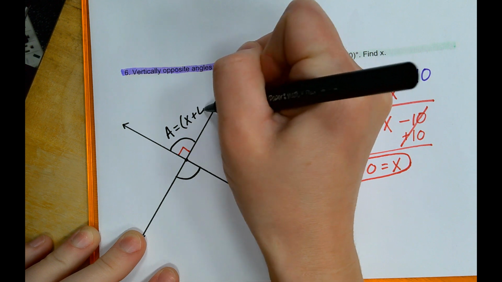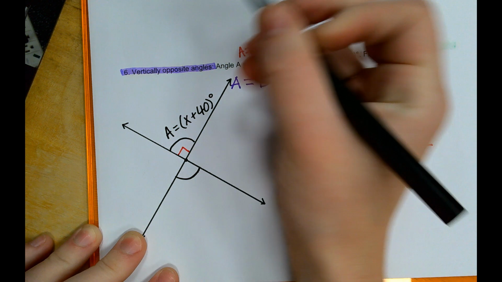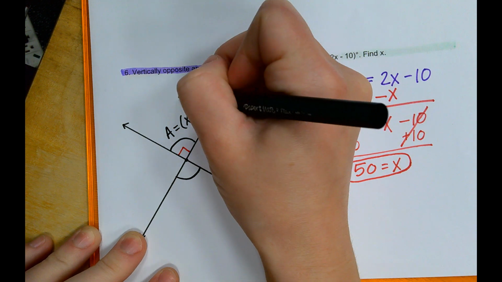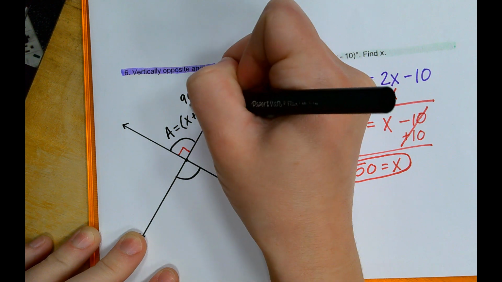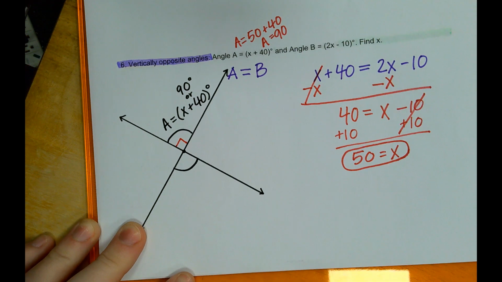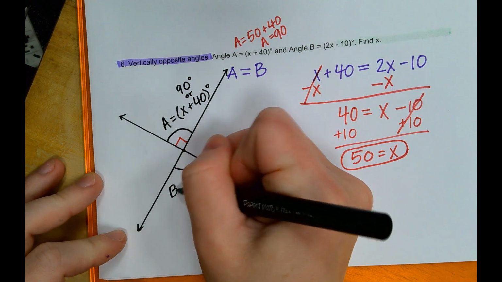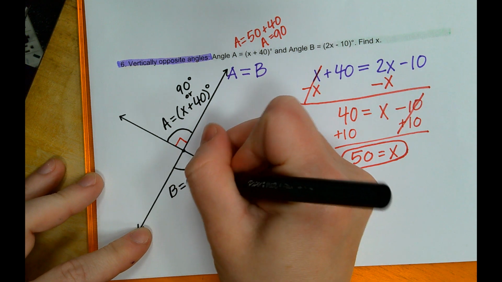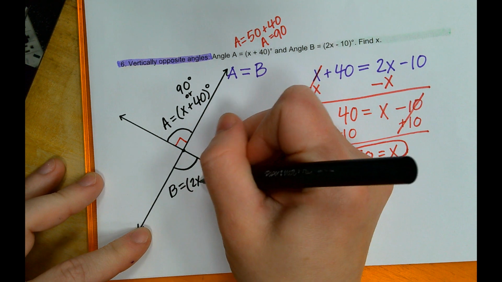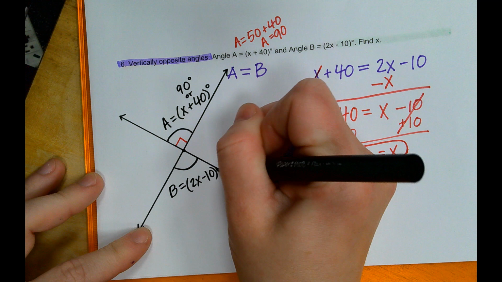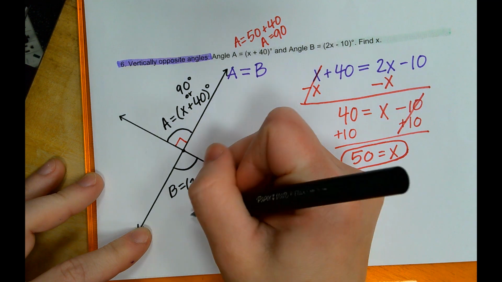x plus 40 degrees, or 90. And B is 2x minus 10. Or it's also 90.